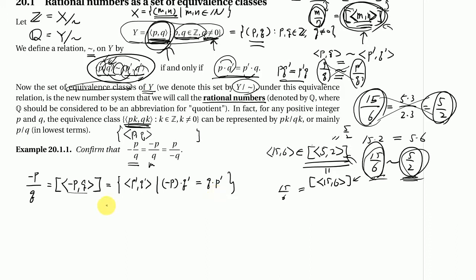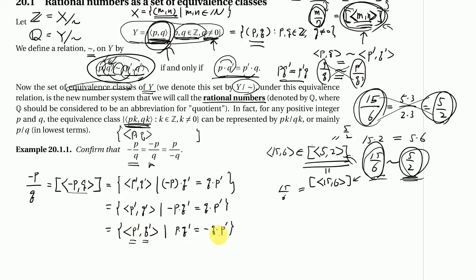Let me write it down one more time: negative p times q prime equals q times p prime, right? Then that means p times q prime equals negative q times p prime, right? So this p prime, q prime doesn't have any negative, right? So it's only p prime, q prime.